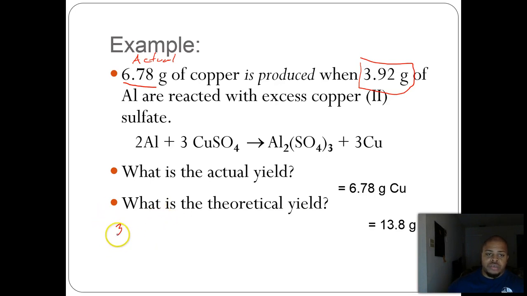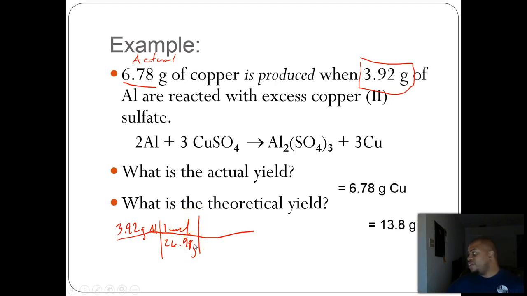So, 3.92 grams of aluminum, 26.98 grams to 1 mole. By this point, this part should be becoming very, very easy for you to deal with. So, next to our mole ratio, we're trying to find out how much copper, so that means 2 moles of aluminum to 3 moles of copper.